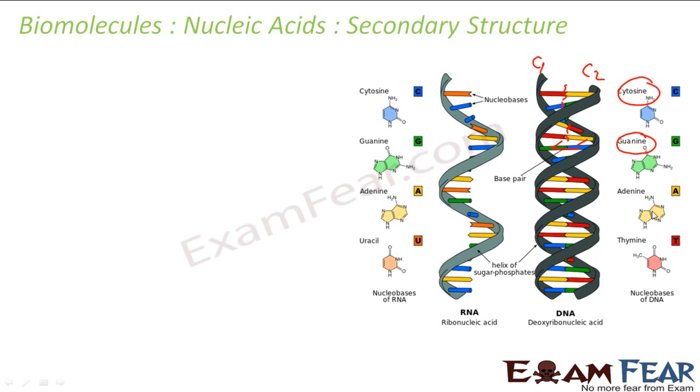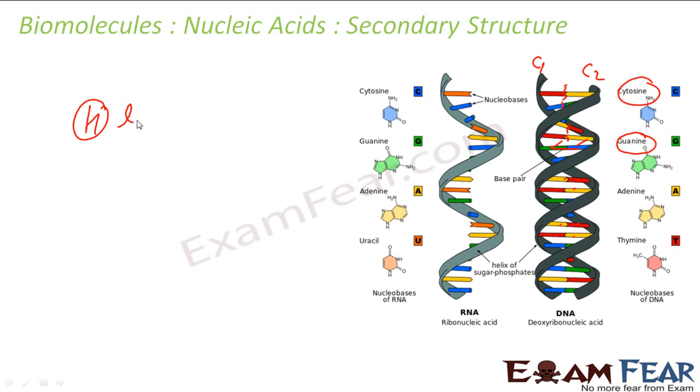Yellow and red will form a bond. So green forms a bond with blue and yellow with red. That is the pairing. These two strands are complementary to each other because they form hydrogen bonds between specific pairs only.